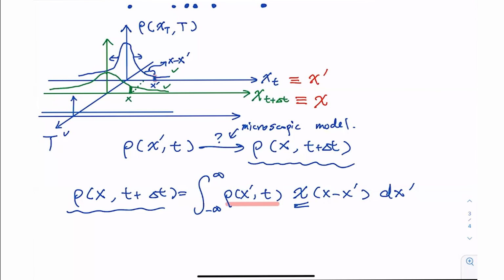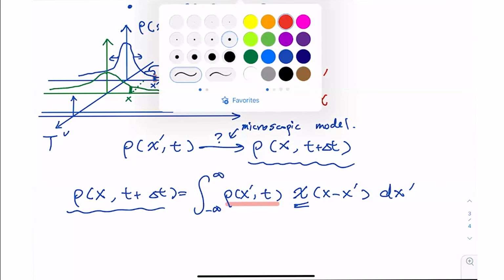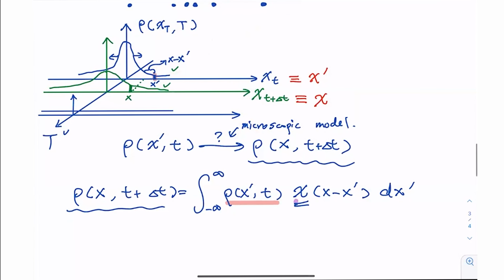Then this density needs to multiply the probability that it will move to the correct position, and this probability is characterized by the probability distribution function times the little delta x prime. As I just mentioned, this is something like the Riemann sum you have learned in the calculus course.